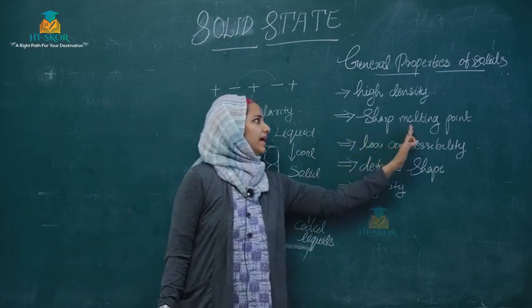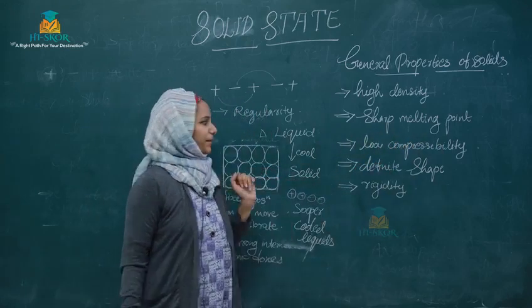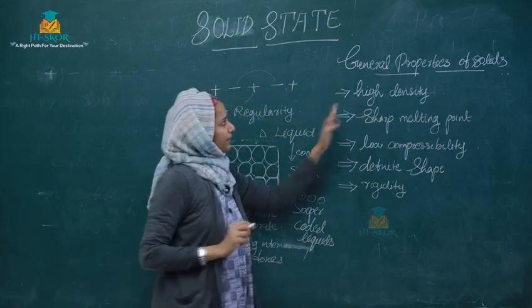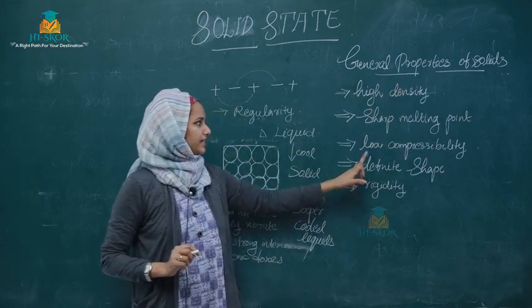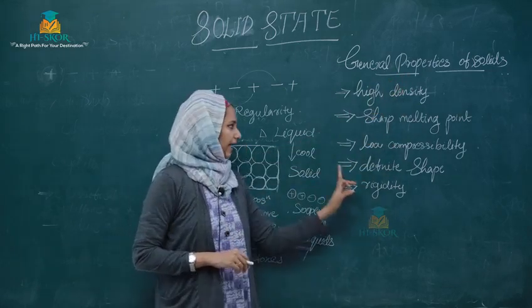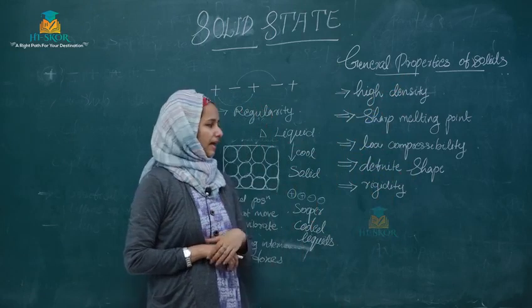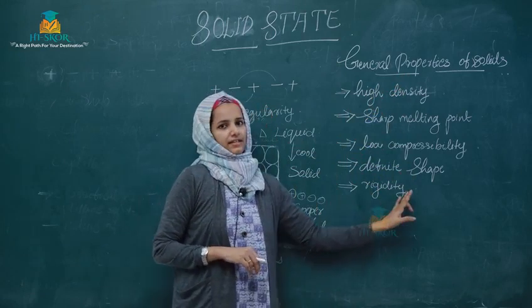That is why it possesses a sharp melting point. Then it possesses high density. Then next property of solid is low compressibility, and it possesses a definite shape, and this is rigid in nature.